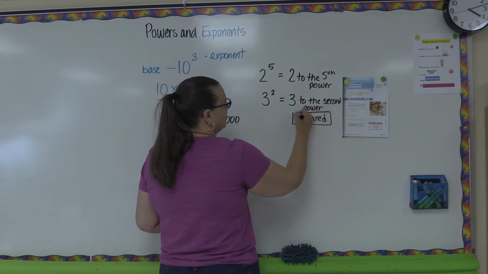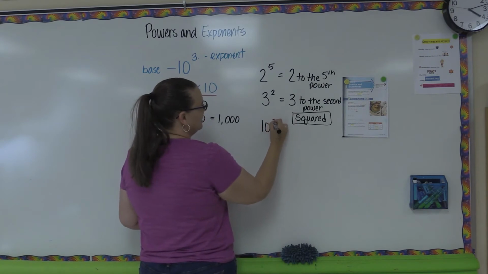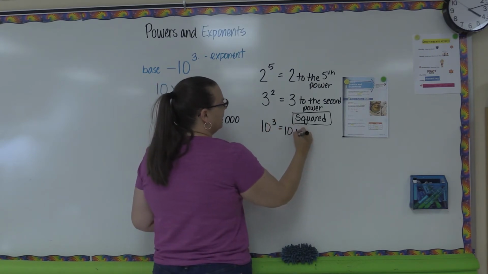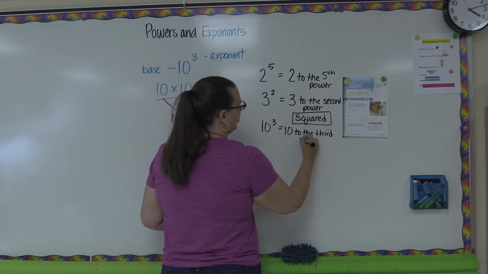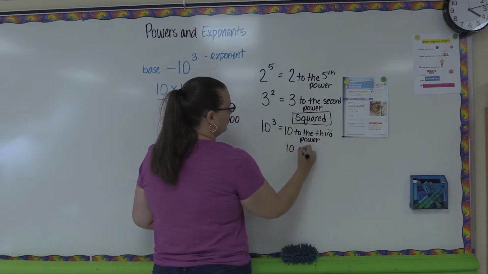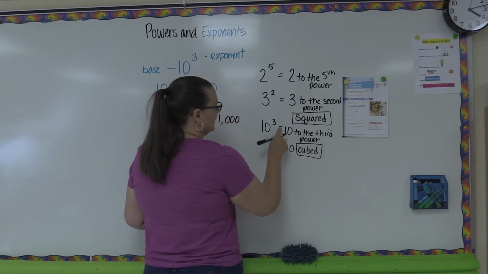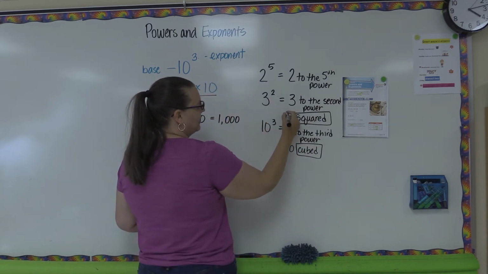All right. The other example they give was the one that we worked with, which was 10 to the third power. It can be expressed as 10 to the third power, or we can also call it 10 cubed. All right? So this little 3 means cubed, this 2 means squared.